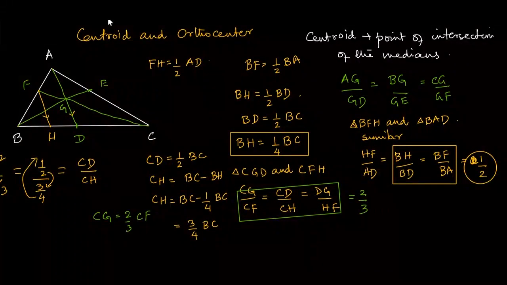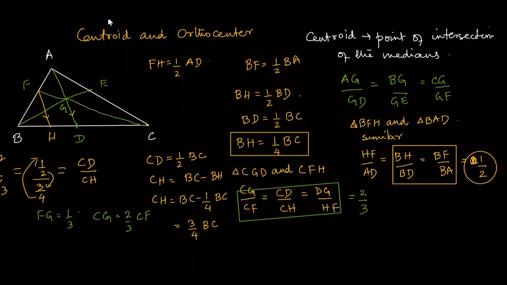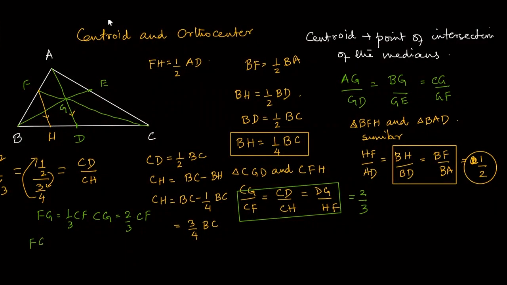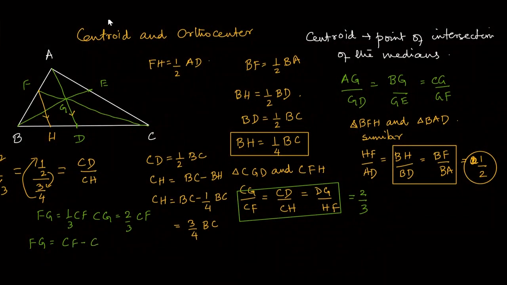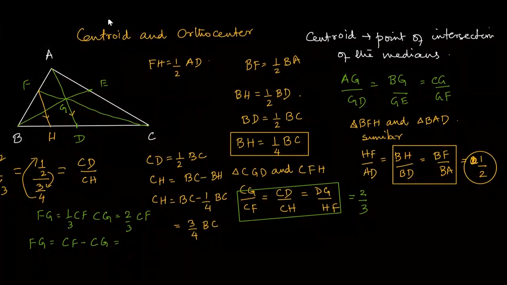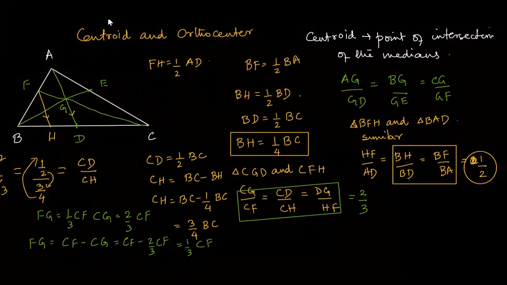So therefore FG will be 1/3 of CF. FG is CF minus CG, that is CF minus 2/3 CF, which is 1/3 CF, right?